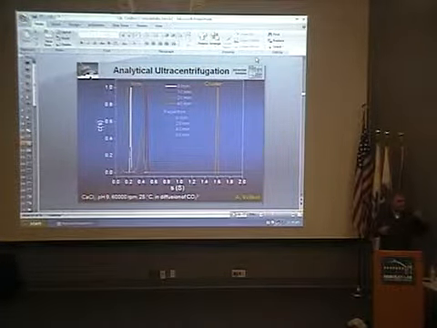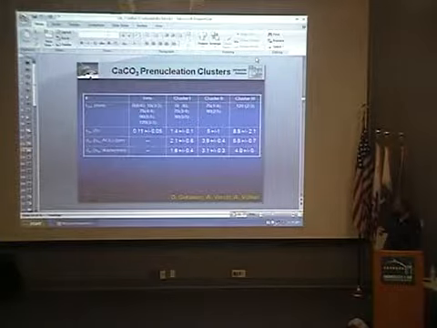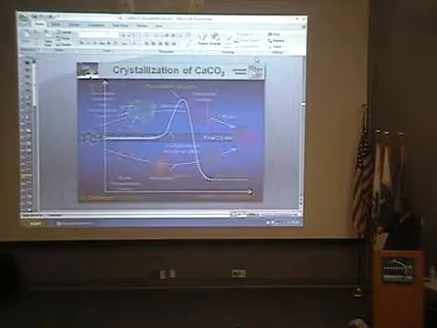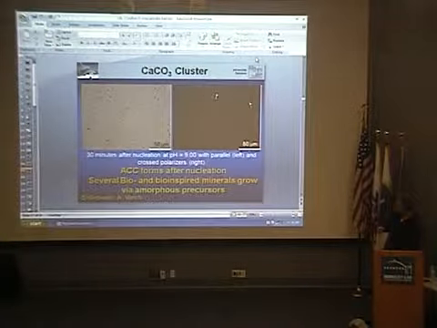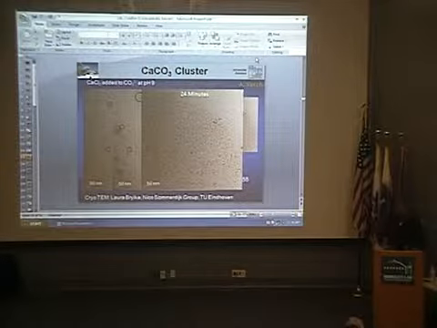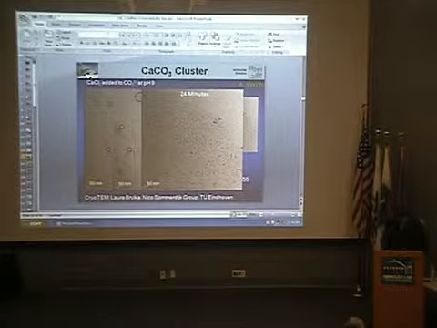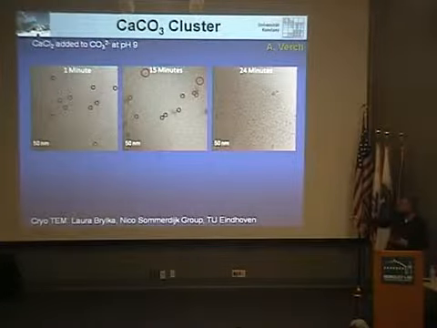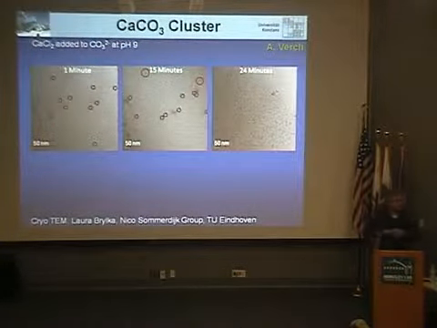And also, Nico looked at it only 1 minute after you put the solutions together, and he can see the clusters already. So at the very early stages they are there, but you can't detect them in the centrifuge. So this is certainly still the undersaturated case.